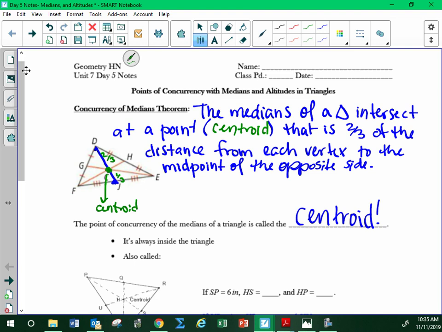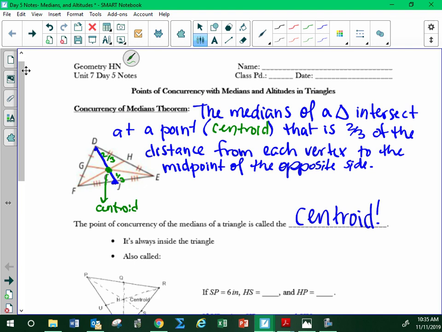So let's go real simple example here. Suppose the entire median is a length of 30. How much would the length be from D to C? 20. And then from C to J? 10. Okay. So it's not that it's the same distance to the vertices, or the same distance to the sides. But for each individual median, it breaks it up the same way.